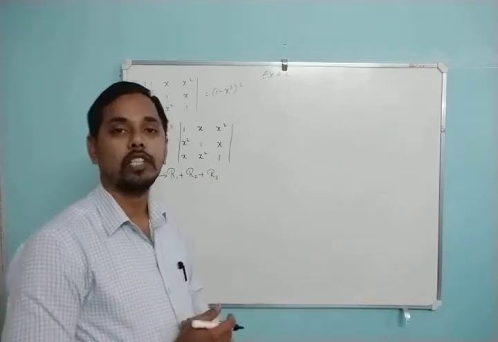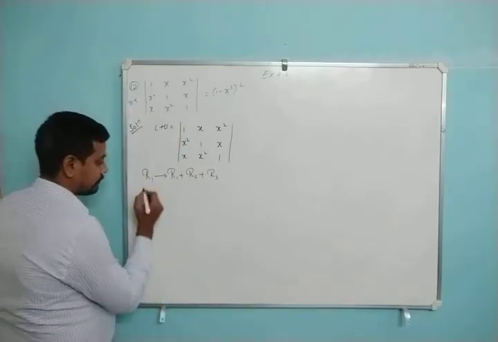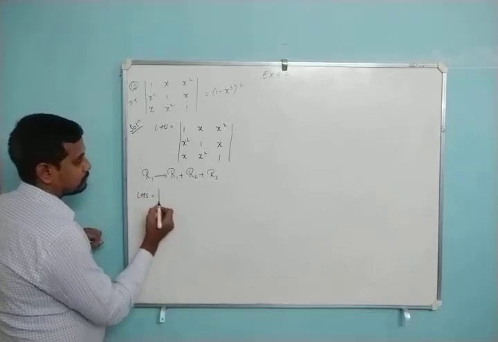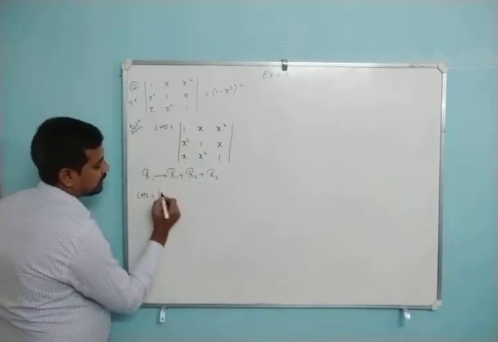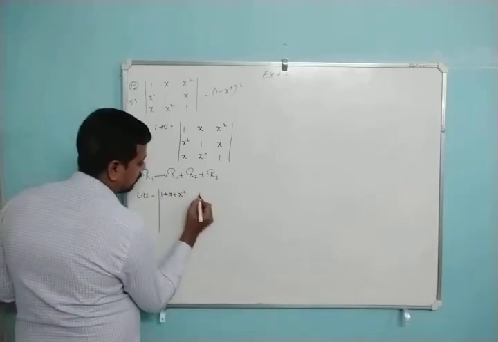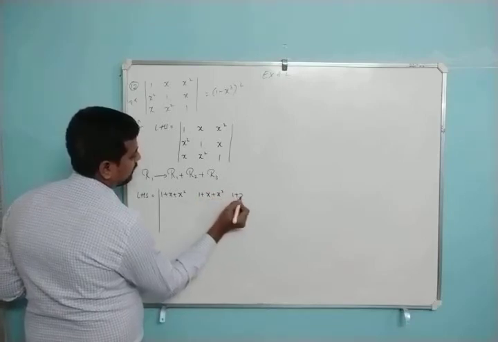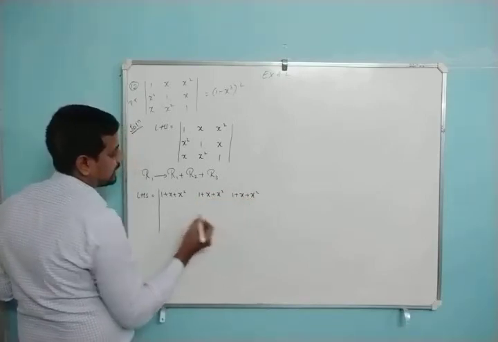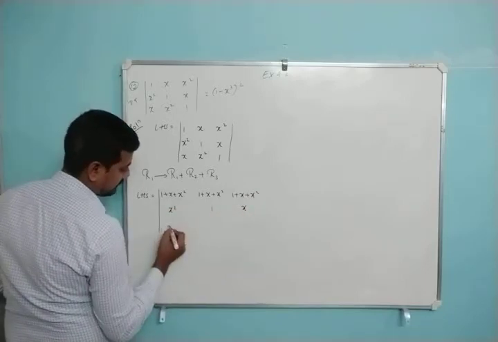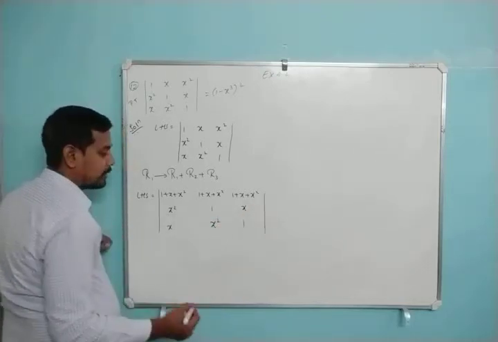So what happens to the LHS? R1 is changing to R1 plus R2 plus R3, giving 1 plus x plus x square in each position of the first row, and the other rows remain x square, 1, x and x, x square, 1.